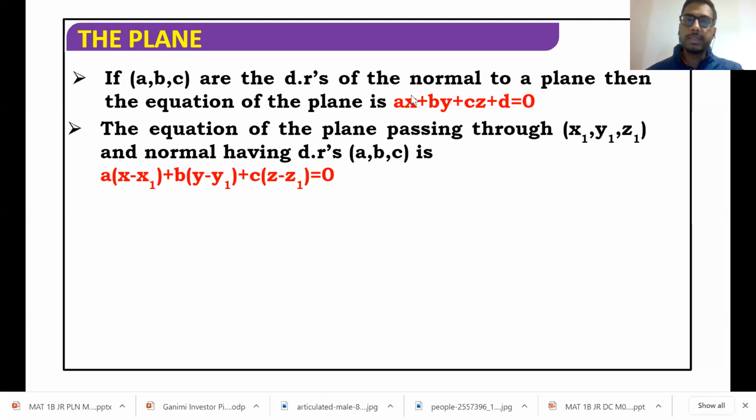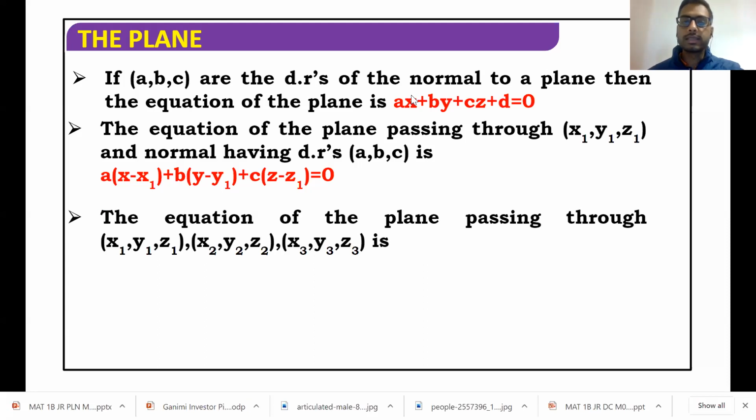In this case, a, b, c are your direction ratios of the perpendicular that is drawn to the plane. So the perpendicular which is drawn to the plane is nothing but your normal. So if you have direction ratios of your normal a, b, c, and it is given that the normal is also passing through the point x1, y1, z1, the equation of the plane is a(x minus x1) plus b(y minus y1) plus c(z minus z1) is equal to 0.